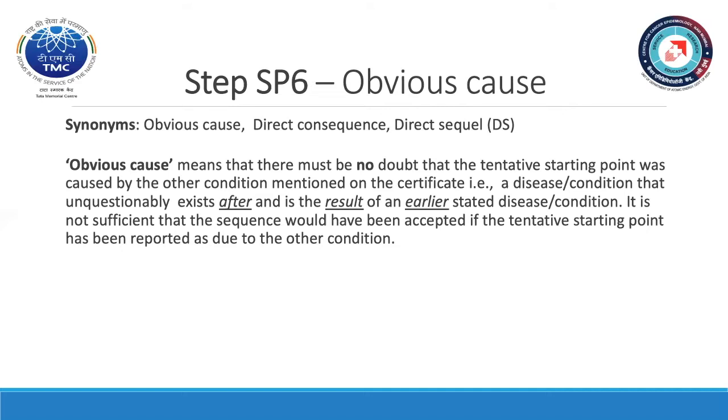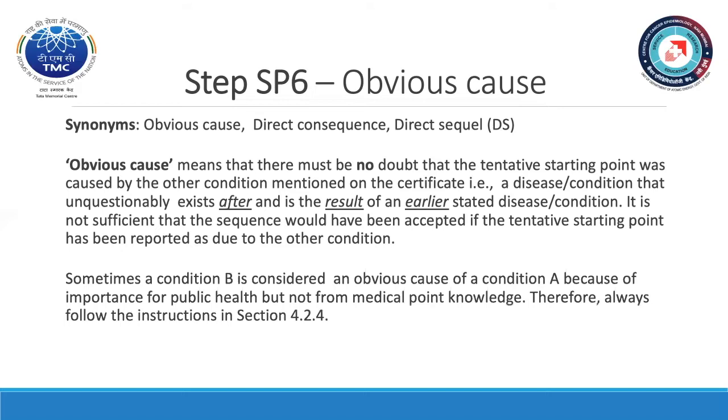It is not sufficient that the sequence would have been accepted if the tentative starting point has been reported as due to the other condition. Sometimes a condition B is considered an obvious cause of a condition A because of importance for public health, but not from medical point knowledge. Therefore, always follow the instructions in section 424.